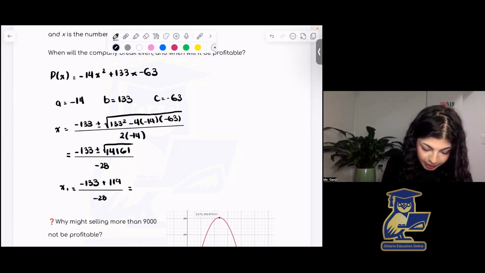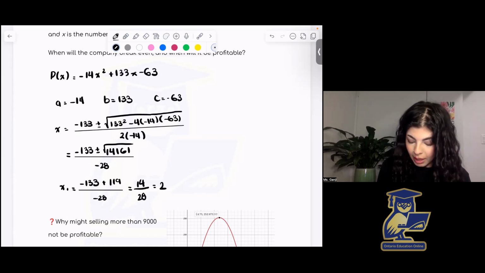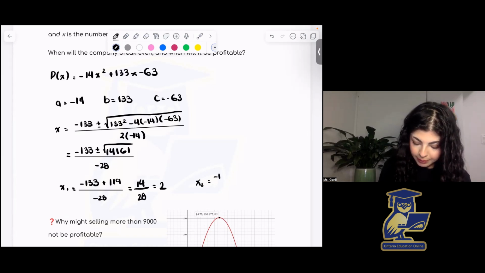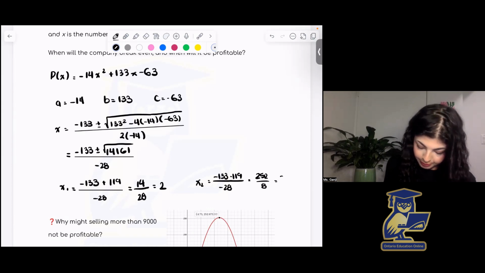And this simplifies to 14 over 28, or 2. And x2 would have been 19 over 28. This would have given us 252 over 8, or 9.